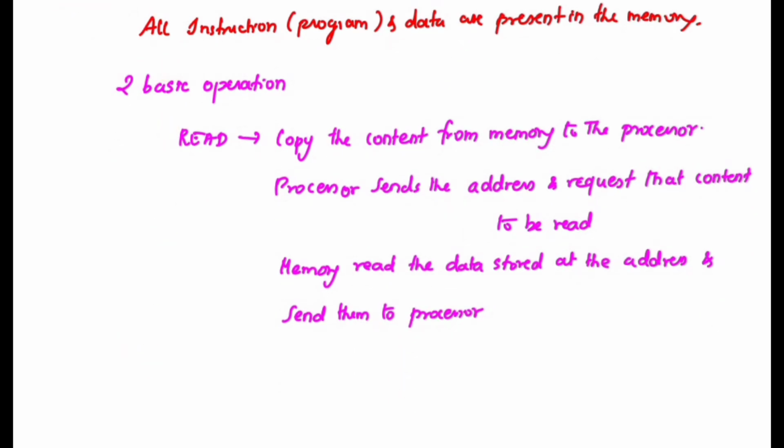So what does the write operation mean? Here also we are going to write something in the memory. Once we write into the memory, the content already in the memory gets erased.